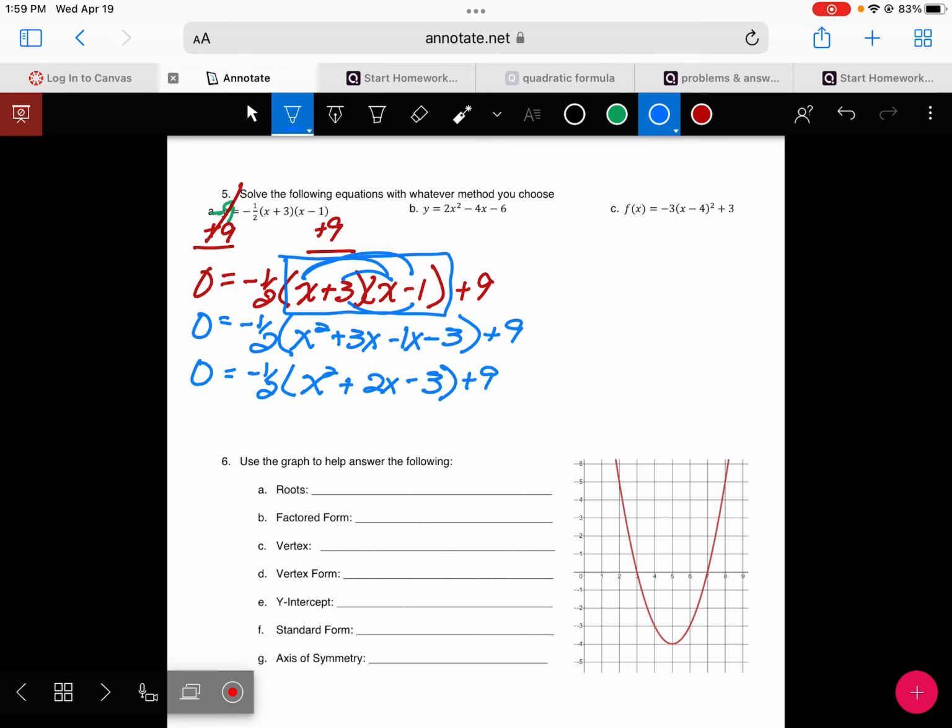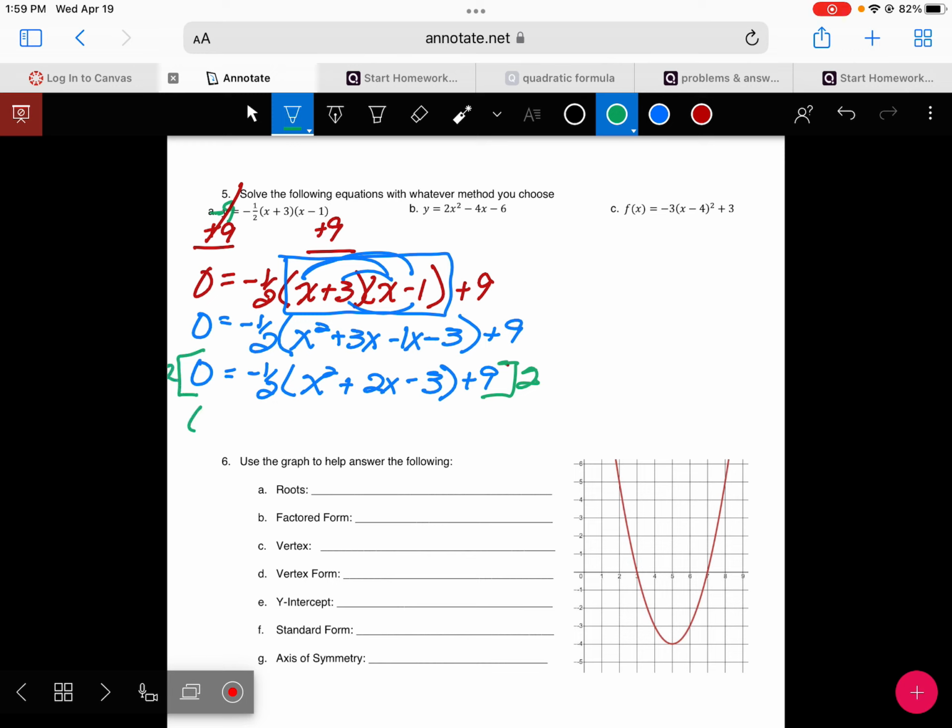All right, we have in here a fraction. I didn't like dealing with the fraction. Maybe you do, probably not. So what I did, I said, let's multiply everything times 2 on both sides, because I want to get rid of that fraction.